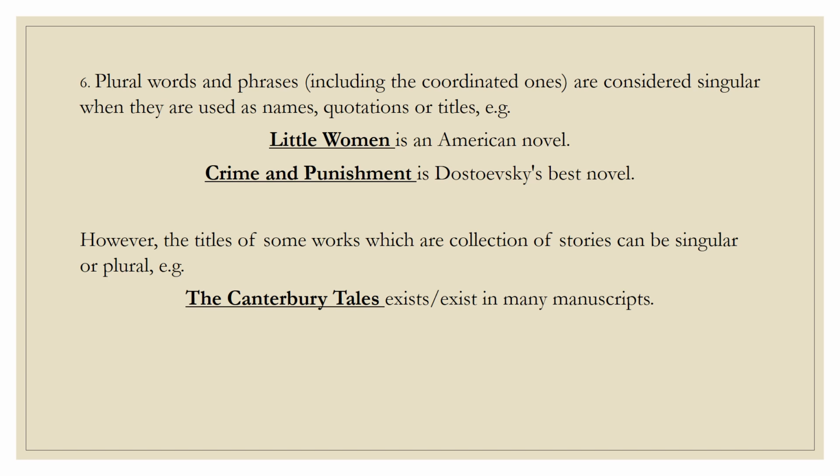Why? Because I know that Crime and Punishment is the title of one novel written by Dostoevsky. However, you have to pay attention to the titles of some works which are collections of stories, which can be singular or plural.